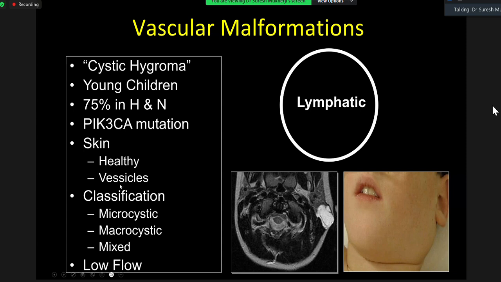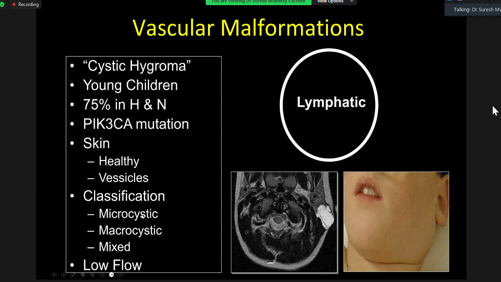Now, I'm not talking about the vesicles associated with Ramsay Hunt, but rather small little cystic vesicles in the skin. And overall, I think that's pretty rare, because the majority of lymphatic malformations that I image tend to be subcutaneous. So if they're there, they're there, but this is at least what's in the literature.